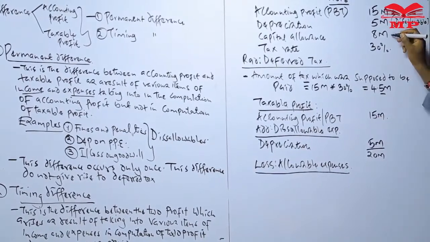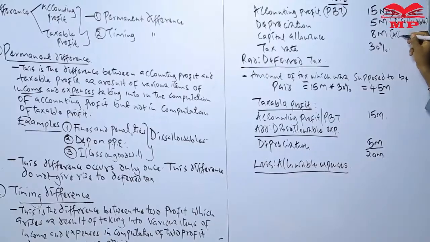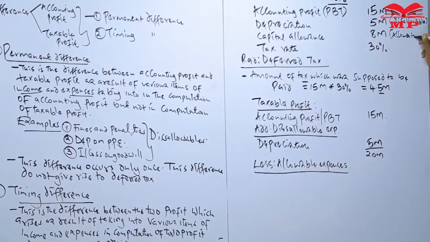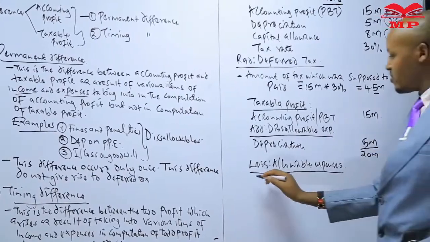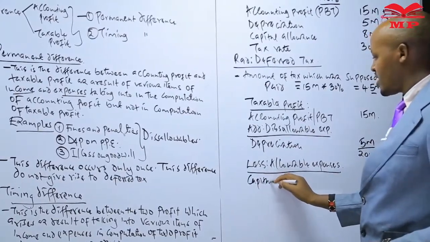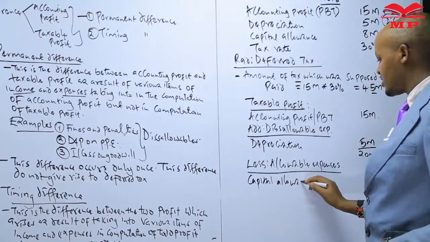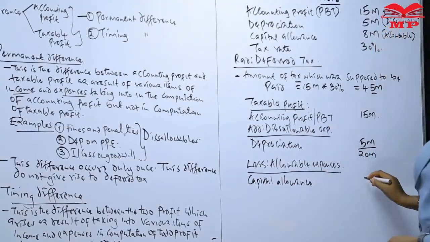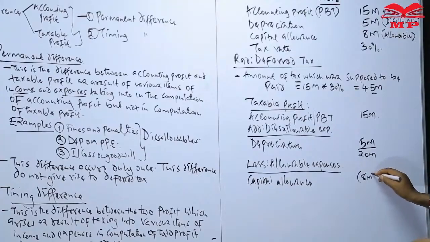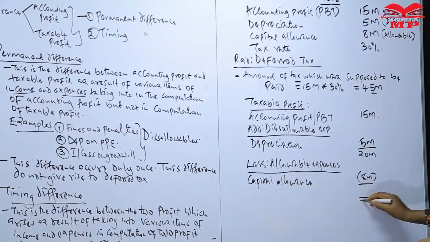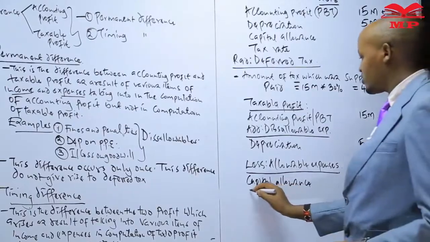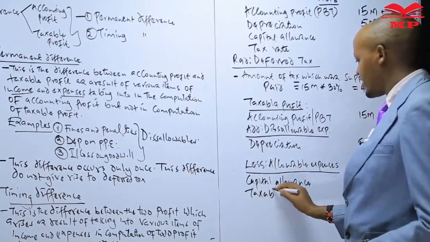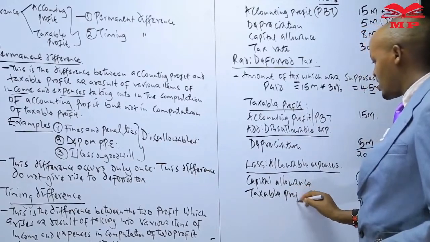So this capital allowance we know is an allowable expense, but it has not been deducted in arriving at that profit. So our allowable expense here is a capital allowance, an amount of 8 million. Once we deduct that, we are going to have 12 million. So this is now what is referred to as the taxable profit.